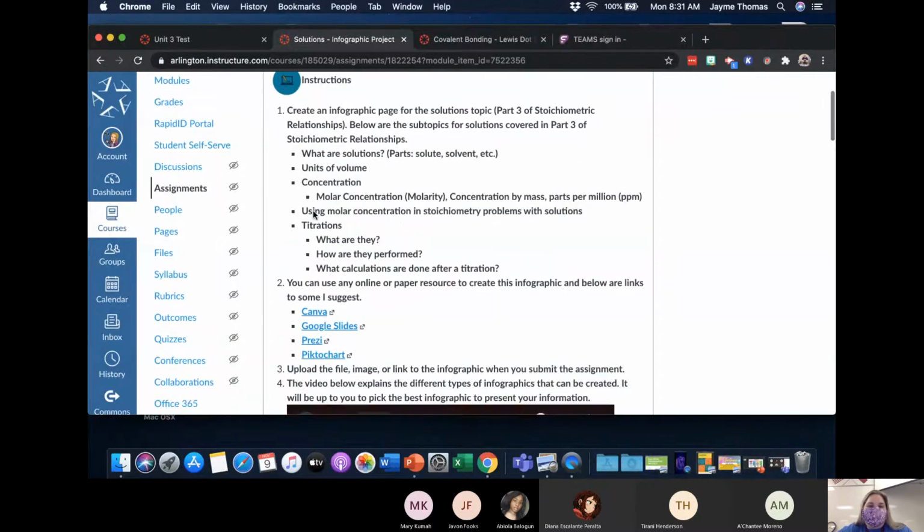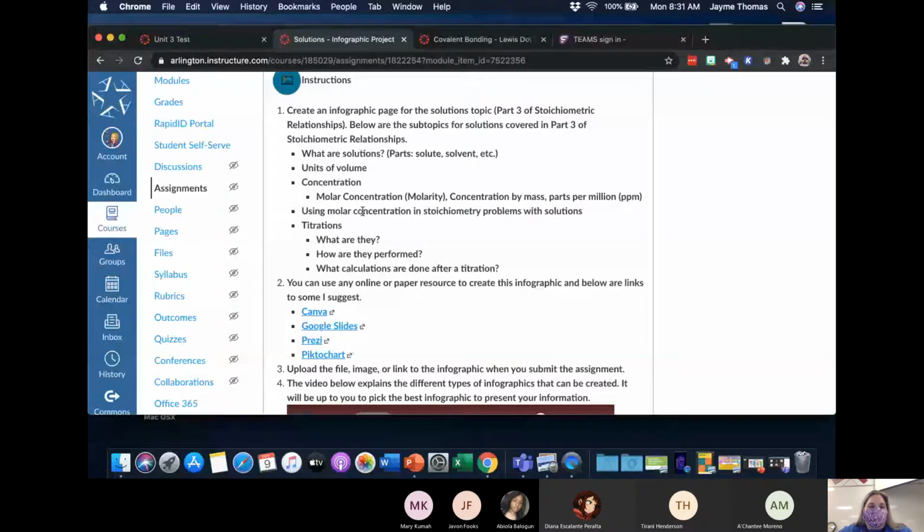And so that leads to the next subtopic, which is using that molar concentration to do stoichiometry problems that involve solutions. Because remember, we can use molar concentration as a conversion factor if we need to convert from volume of a solution to something else in a chemical reaction. A lot of times some of our reactants will not be solids or gases, they'll be solutions.